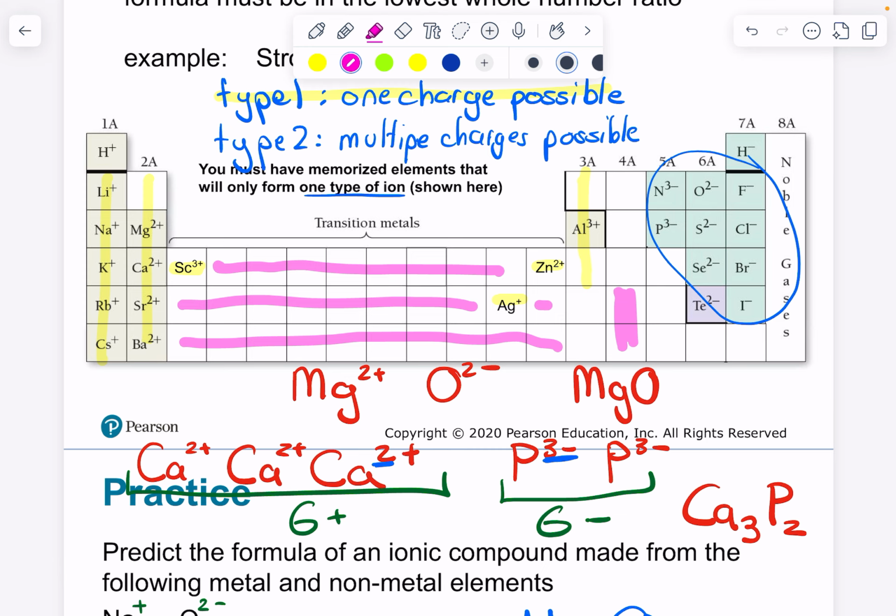You just have to know that multiple charges are possible. You will always either be told the charge or be able to infer it from the chemical formula. That one's a little more complicated, and we'll get to that in a little bit. Just recognize that we have these two different types of metals: type 1, where there's only one charge possible, and type 2, where there are multiple charges possible.